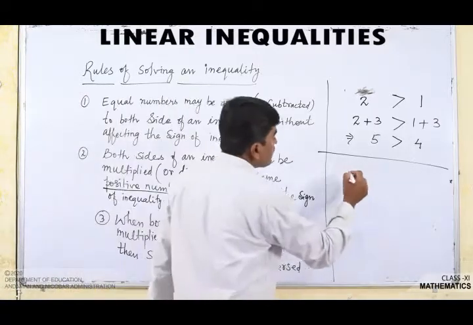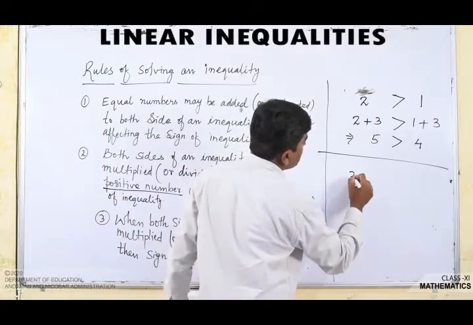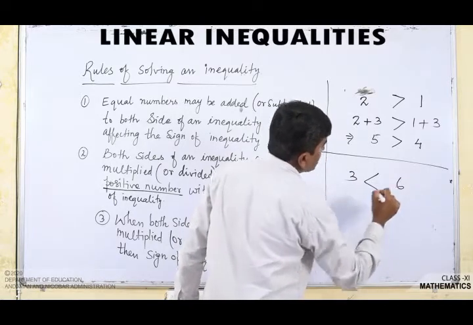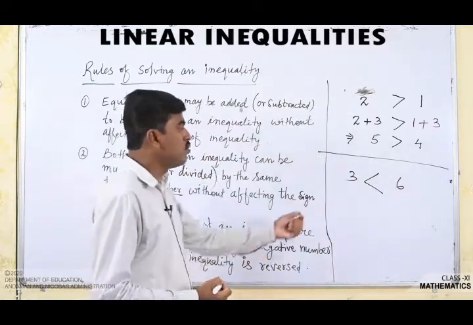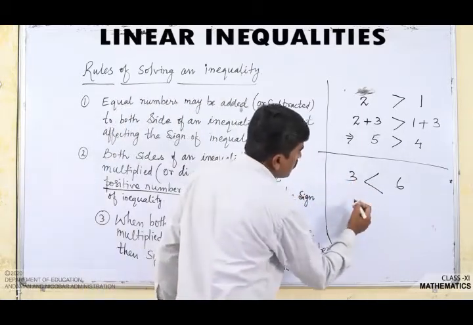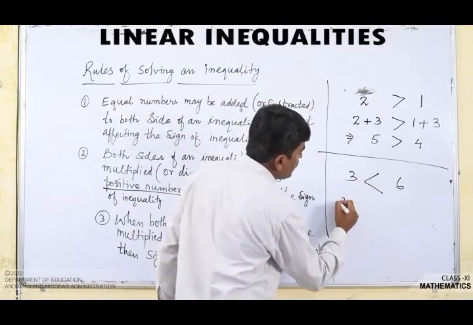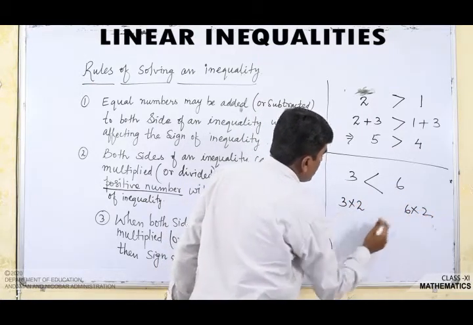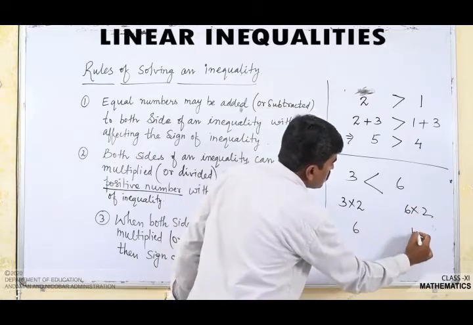For example, 3 is less than 6, it is a numerical inequality. If I multiply both sides by 2, we get 3 into 2 and 6 into 2. So it is 6, then it is 12.